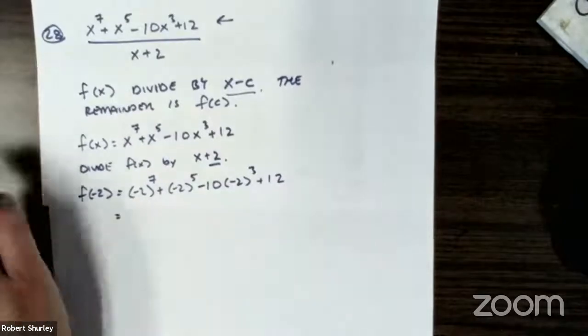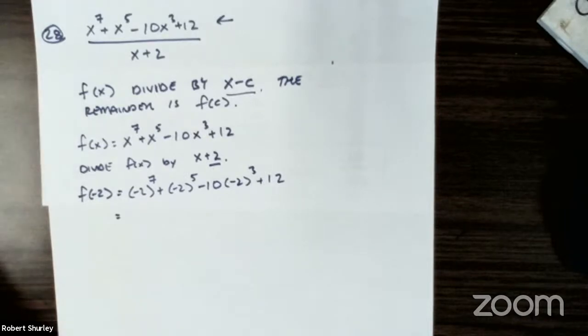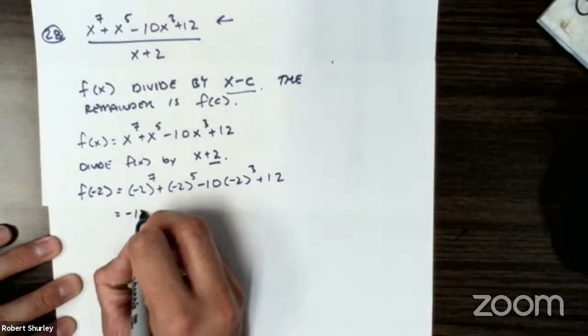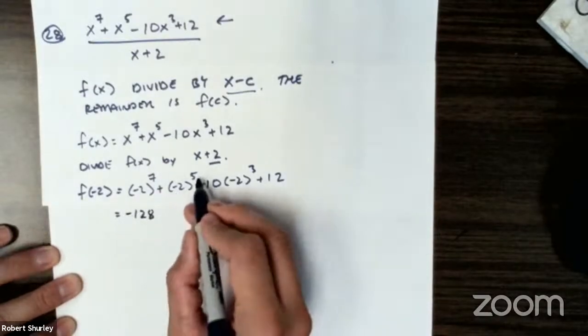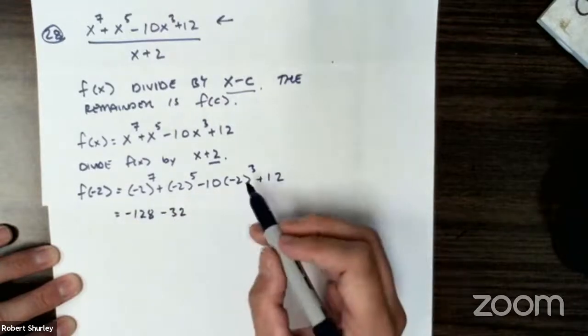2 to the 7th, 128, I think. Hold on, let's see. Yeah, 128. Now we're multiplying it an odd number of times, so it's going to be negative. So negative 128. 2 to the 5th I know is 32, so minus 32.